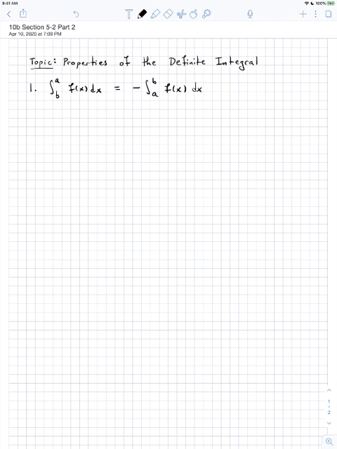Now, why would this be true? Well, suppose that we're trying to construct this definite integral from b to a. In order to do this, we need to compute delta x. Delta x is the upper limit minus the lower limit divided by n. That's delta x.